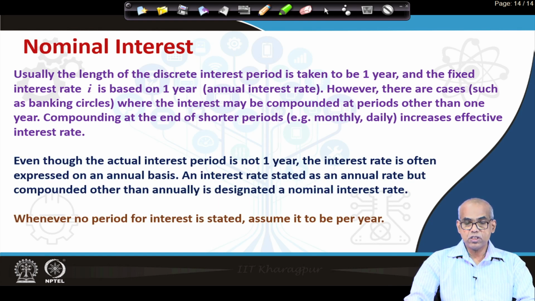Even though the actual interest period is not 1 year, the interest rate is often expressed on an annual basis. An interest rate stated as an annual rate, but compounded other than annually, is designated a nominal interest rate, whenever no period for interest is stated, assuming it to be per year.